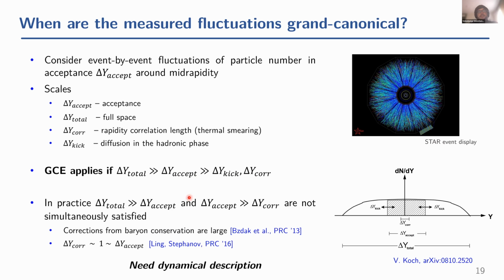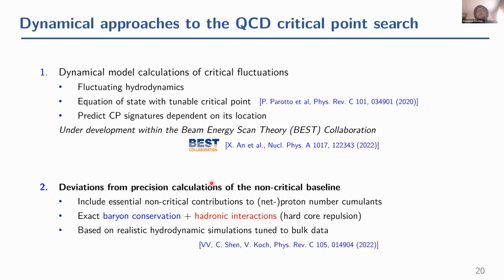And this would be of the order of 1 unit of rapidity. So this is very challenging to satisfy, both this separation of scales simultaneously, and therefore one has to instead perform corrections and incorporate this effect that this does not really hold in heavy ion collisions. So one needs a dynamical description to probe critical fluctuations.